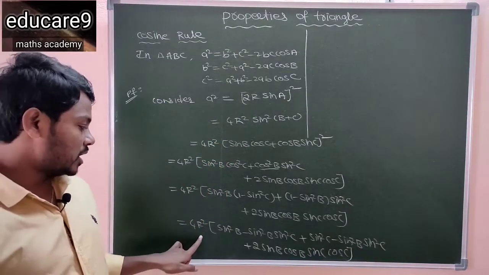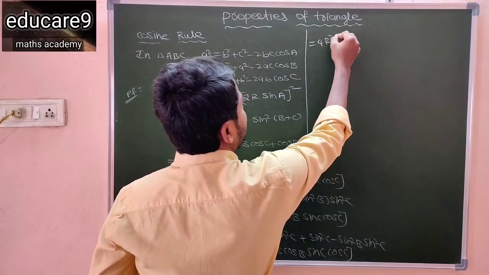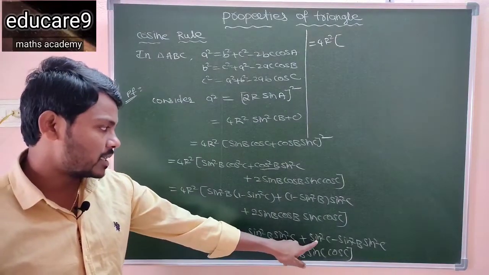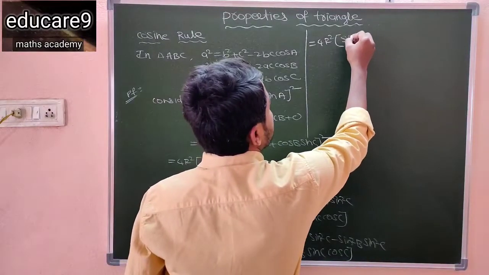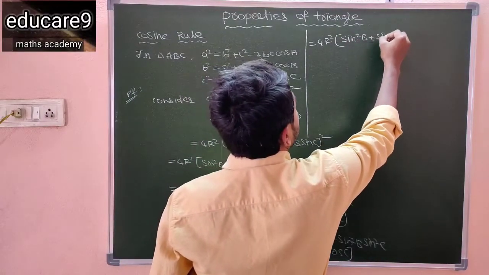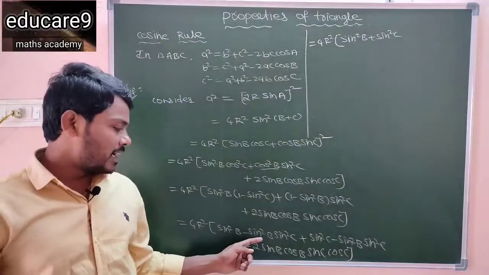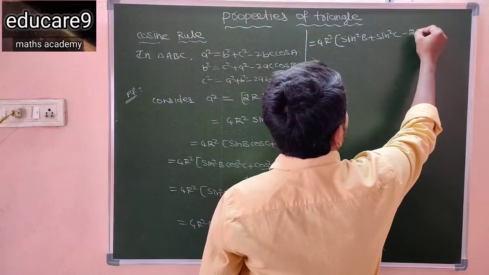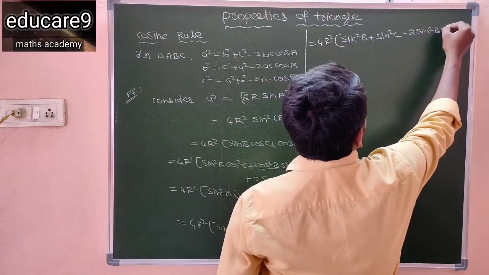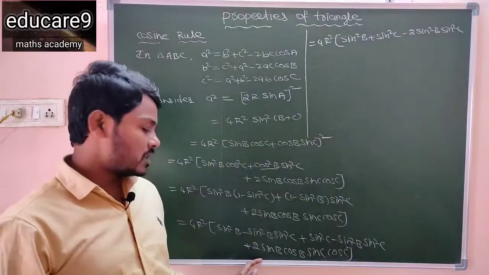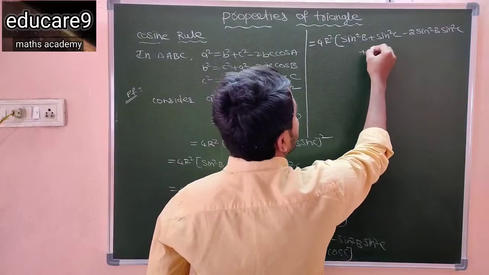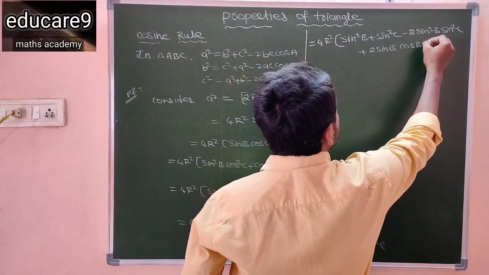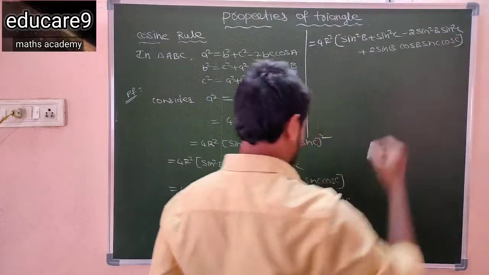Now this is 4R squared into (sin squared B plus sin squared C. Next, minus sin squared B sin squared C minus sin squared B sin squared C, that is minus 2 sin squared B sin squared C. Next, plus 2 sin B cos B sin C cos C).